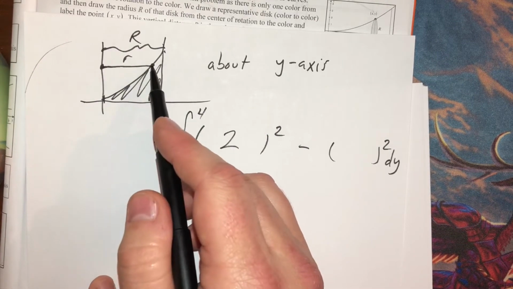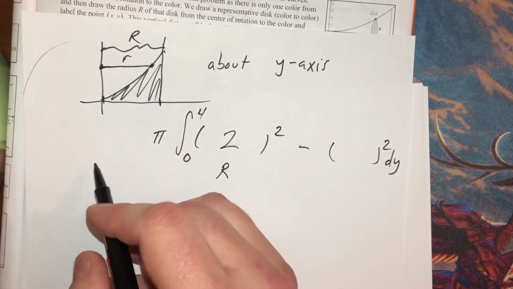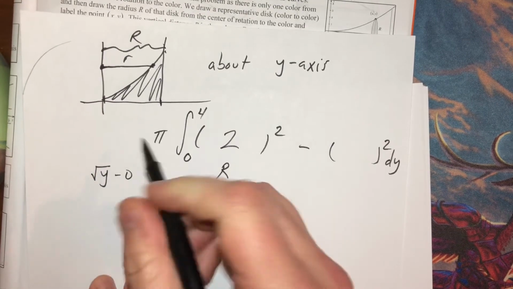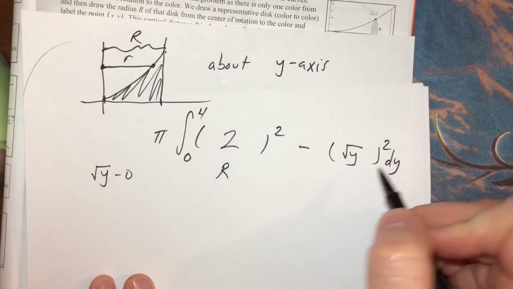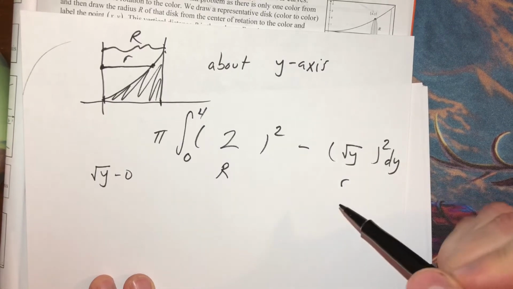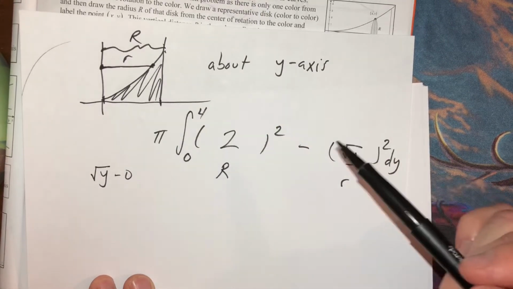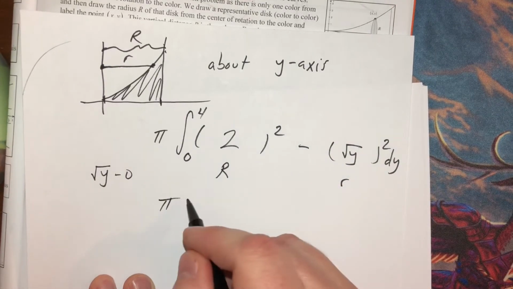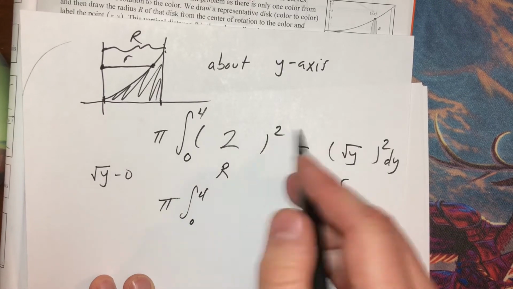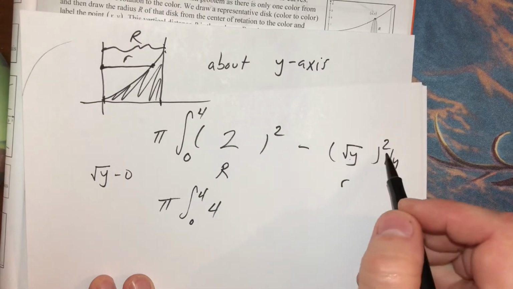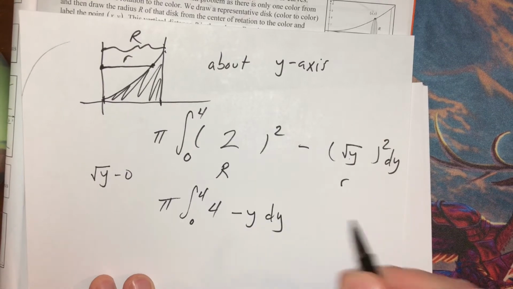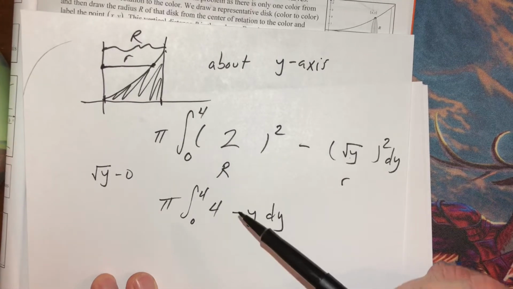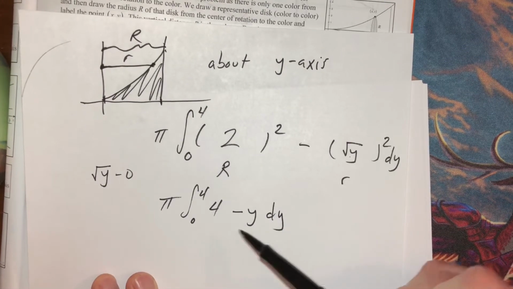Remember we want to do final minus initial, right minus left. We said this is the square root of y, I think? Minus 0, yeah. So we take big R squared minus little r squared, have the pi out front, go from 0 to 4. I can type this in and get an answer. Now, before I do that, 2 squared is 4, and root y squared is y. Something that it's easy to overlook is that oftentimes these integrals look very simple.